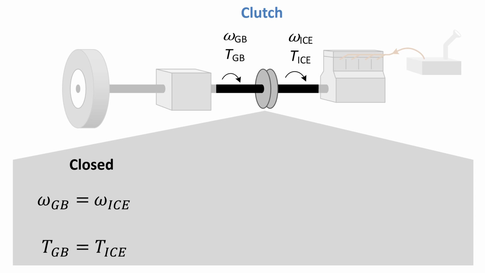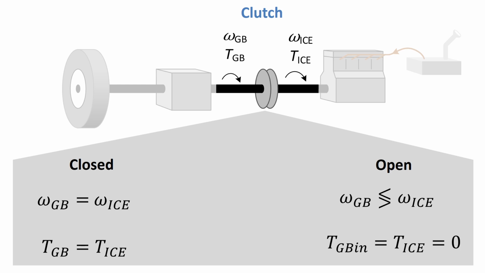The torque is also the same on both sides. T_gearbox equals T_ICE. In the closed mode, the engine is connected to the rest of the transmission and can propel the vehicle. Since both the speeds and the torques are the same on both sides of the clutch, the power will be the same on both sides, resulting in no losses in the clutch when it is in closed mode.